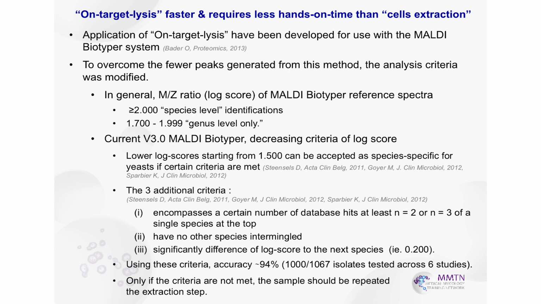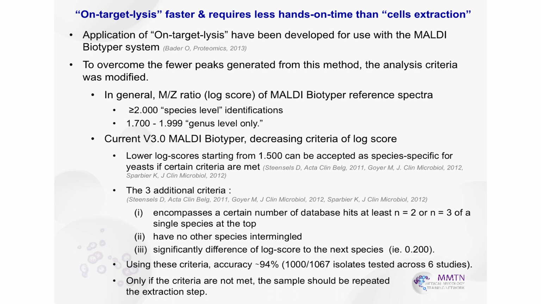Then another three additional criteria were added. A certain number of database hits at least. It means that after you do the process and the MALDI-TOF analysis, the result will show you a list: 1, 2, and 3. If the top 2 or the top 3 show the single species, it will be fine, right?